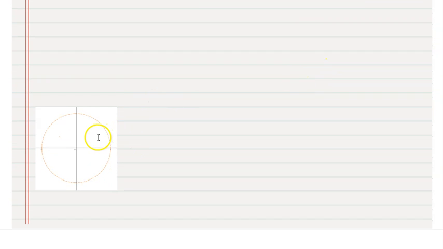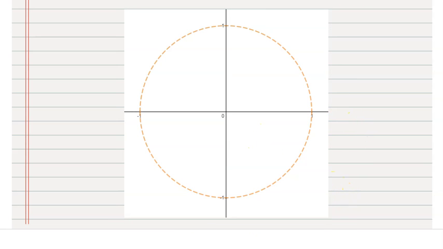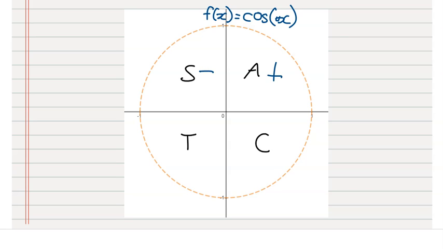And going down to our unit circle, I'll just enlarge that. Remember, with the unit circle, using the mnemonic, all stations to central, for the cosine function, so f of x equals cosine of x, the positive values of cosine are going to be in quadrant 1, quadrant 2 is going to be negative, quadrant 3 is going to be negative, but quadrant 4 is going to be positive.